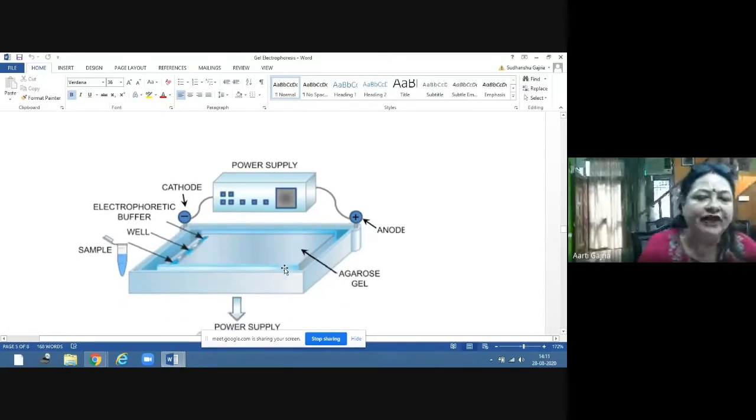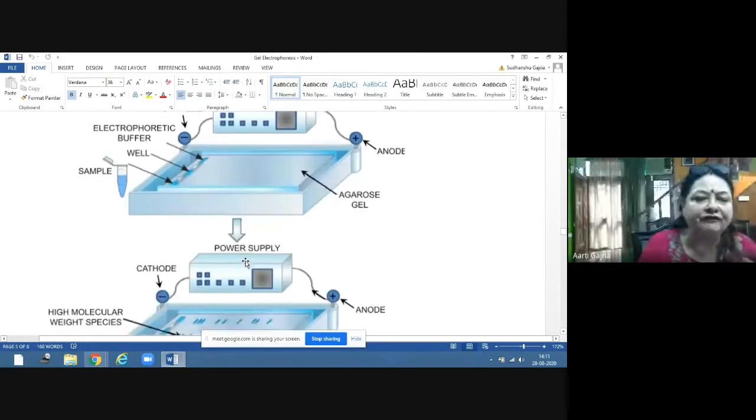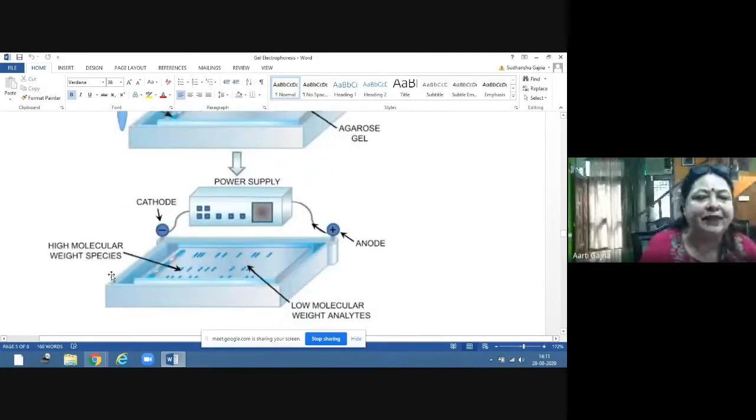Now what will happen once you have put the sample and switched on the power supply? These fragments will start moving as per their sizes. The bigger, higher molecular weight species will remain here; they cannot move to larger distances and will remain at the top.